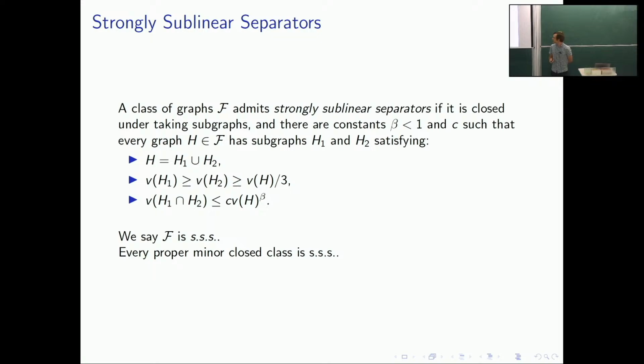So the size of the intersection should be at most some constant times the number of vertices to the power of beta. Okay, so if F satisfies these conditions, we say that F is strongly sublinearly separable, or just SSS. And we'll note that every proper minor closed class is SSS.